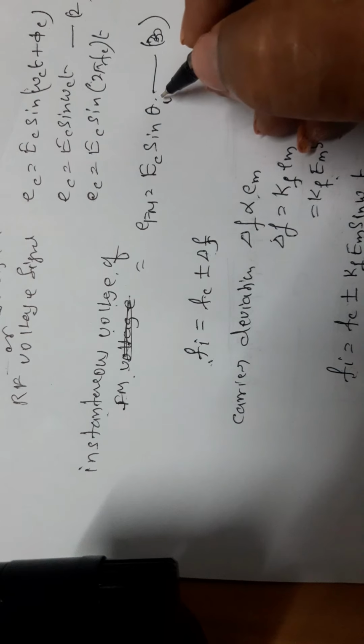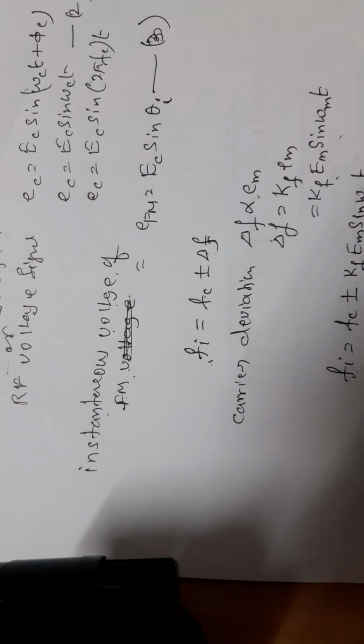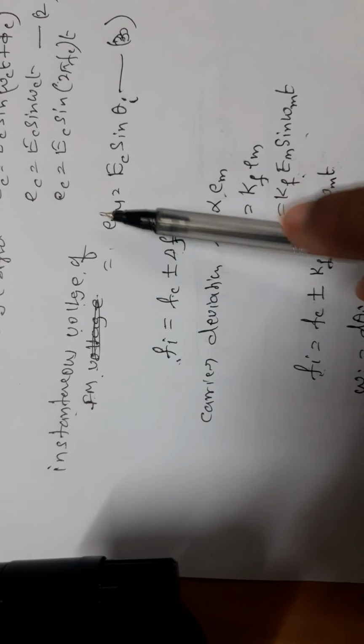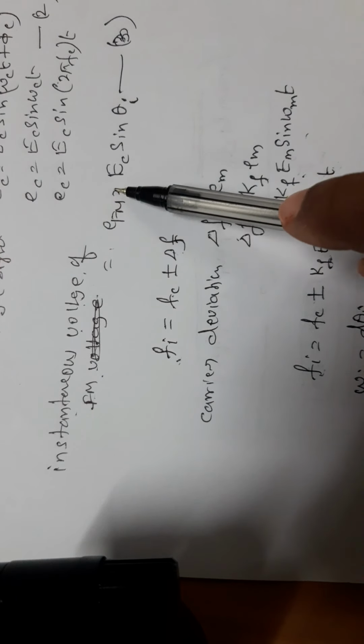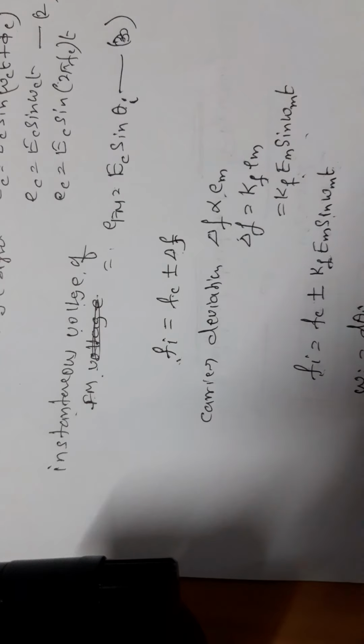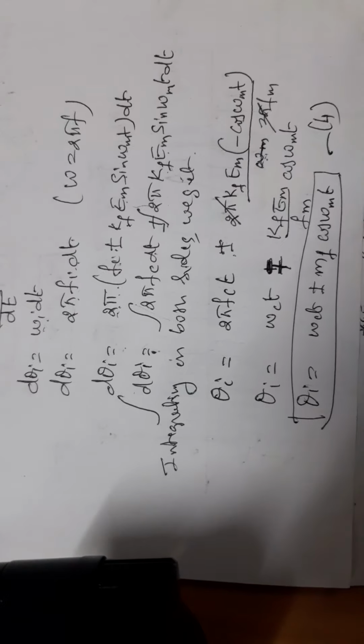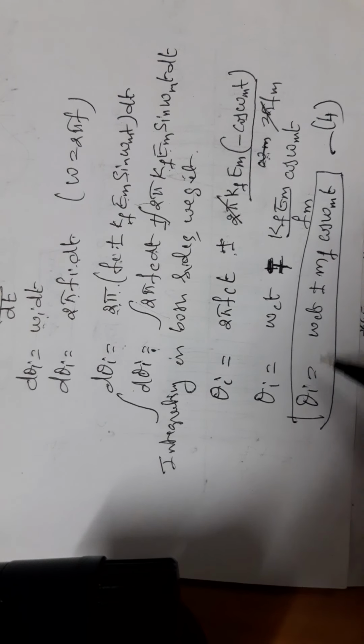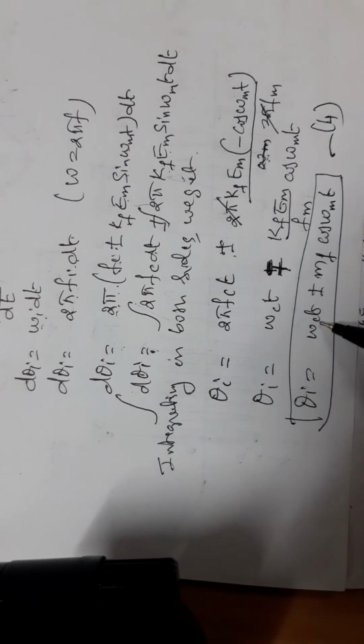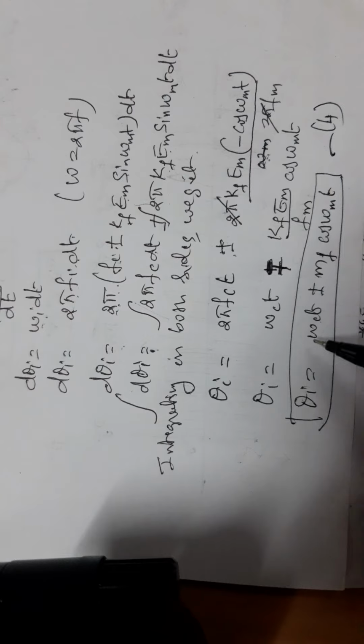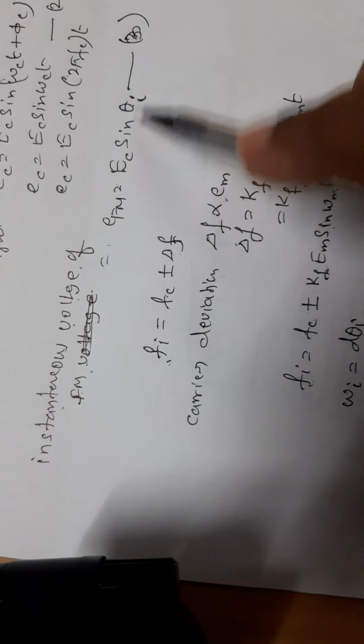I will write the instantaneous value as EFM of theta i, because we are going to derive the instantaneous value of the frequency modulated wave, which is equal to E sine of theta i, where theta i is the value at any instant. Okay. Now what is theta i? Substitute this theta i, which is given by omega ct plus or minus mf cos of omega mt. That is substituting equation 4 for theta i in equation 3.